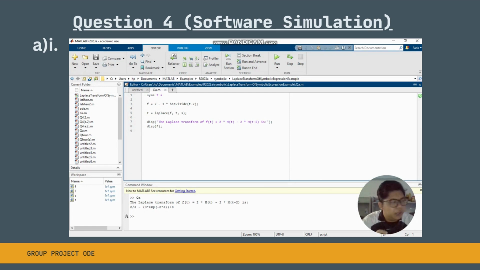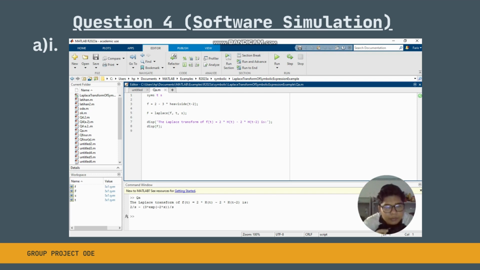I want to present the simulation for question 1 using MATLAB code. For the first question, we need to write the equation first using the diagram, which is y(t) equals 2 minus 3h(t minus 2).